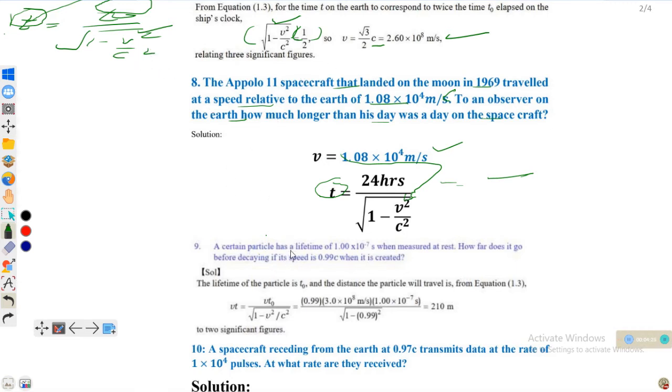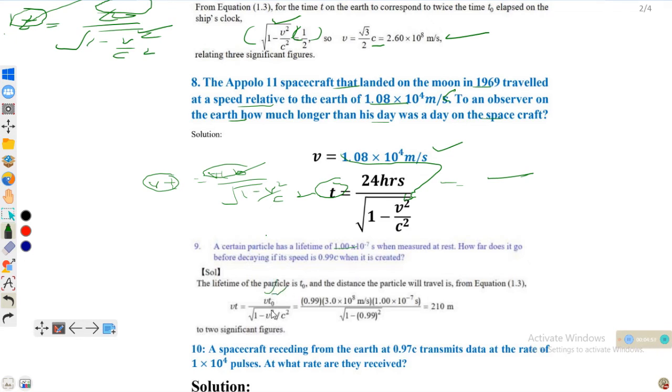Here, if we write the time dilation formula, t is equal to t naught over the square root of 1 minus v squared over c squared. If we multiply v on both sides, this is vt and this is v t naught over the square root. We are given v as 0.9 c, and we are given t naught.